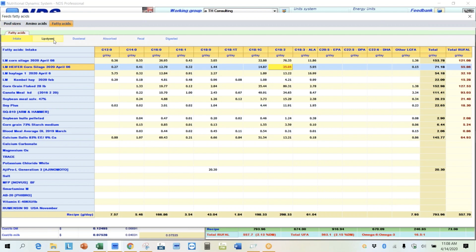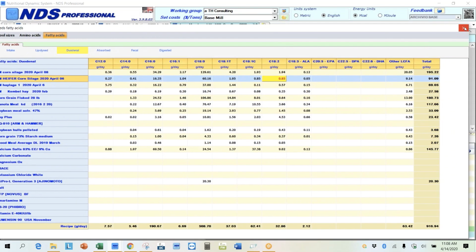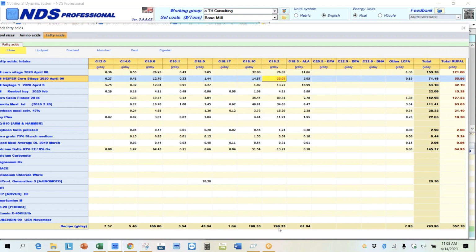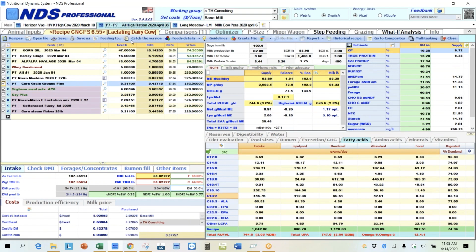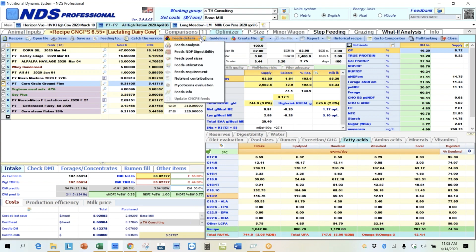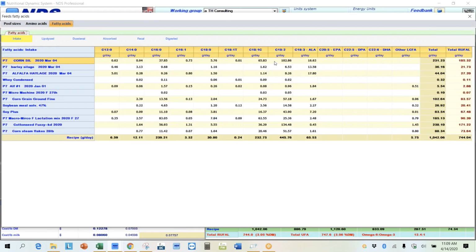We can look at that intake, and the RUM&N team also has lipolysis and duodenal numbers, and we need to get a little more sensitive to those. Comparing the intake here in the 18:2 area of about 300 grams, if I come back to another diet where our intake number is quite high, and go back to feed details, pool size, same screen, I can see that 18:2 contribution is similar.